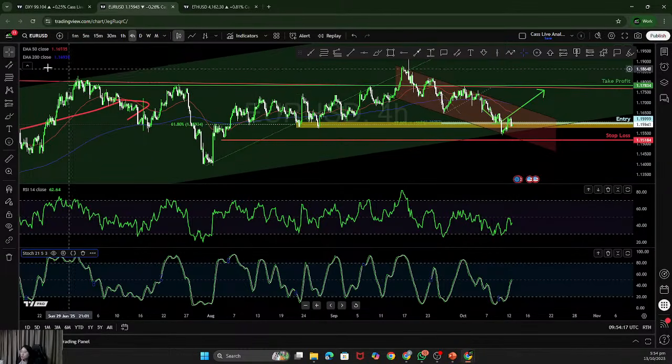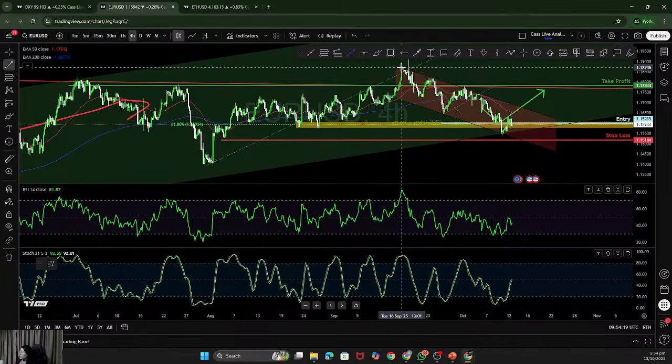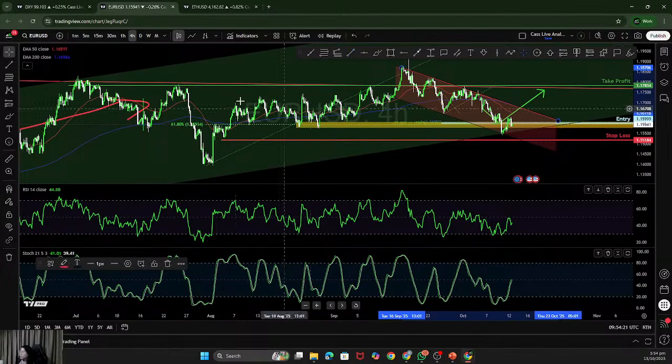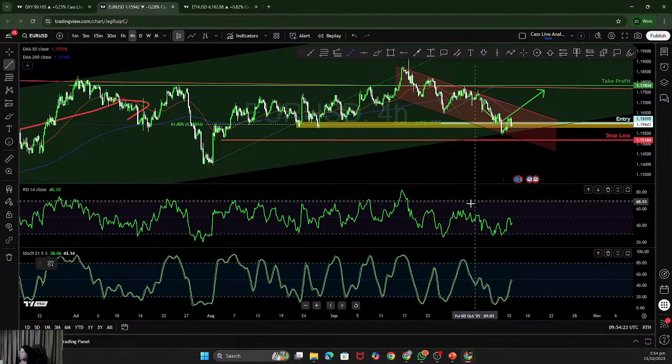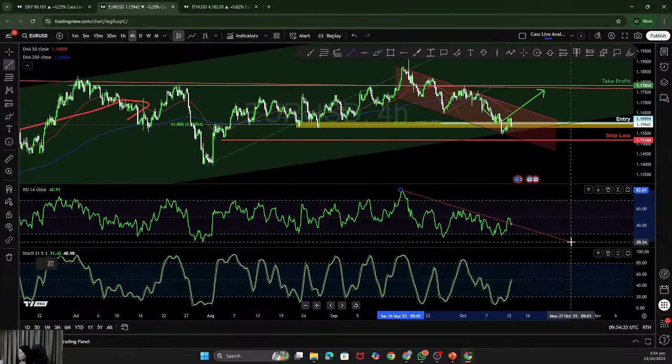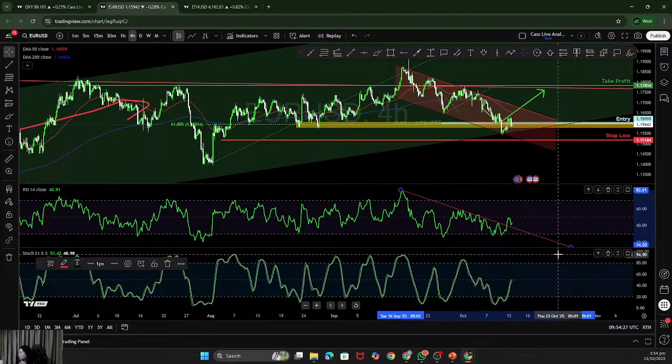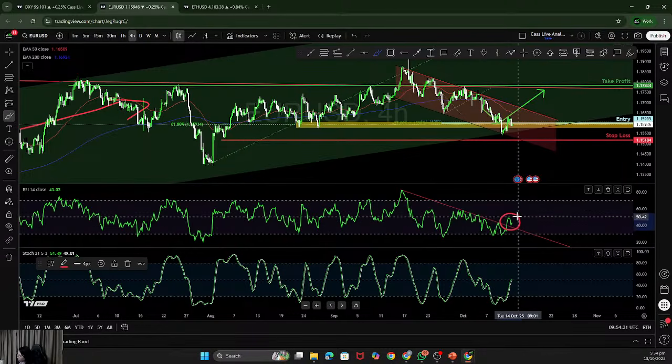So price is going down here, and on stochastics, RSI, it is also going down. That's actually a bullish divergence here. Can you guys see that? There's a breakout happening here.